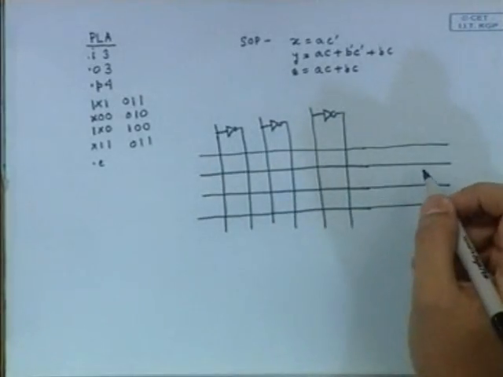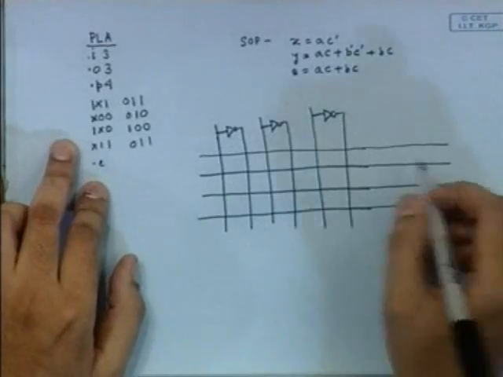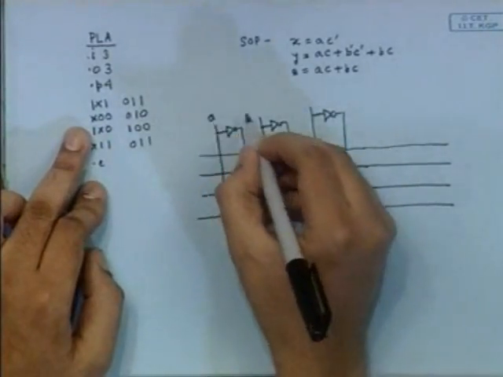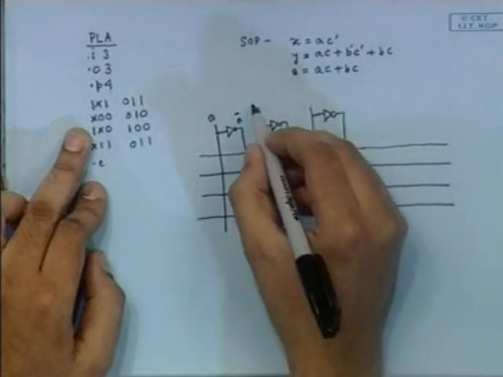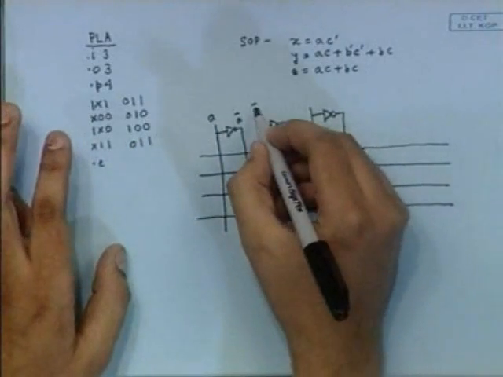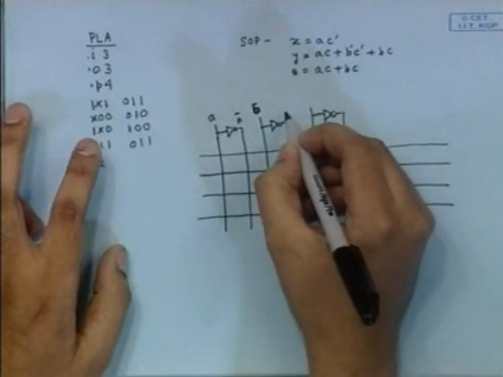This is called the AND plane. Now X means there is no connection, 1 means it is connected to A, and 0 means it is connected to the A bar, and similarly for B and C.